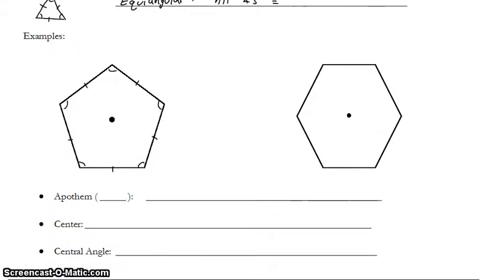So, what we have here is getting to know some of the vocabulary for regular polygons. I'll start with the center. The center is the point that is equidistant, the same distance, to all vertices.